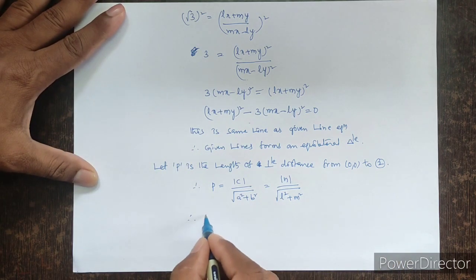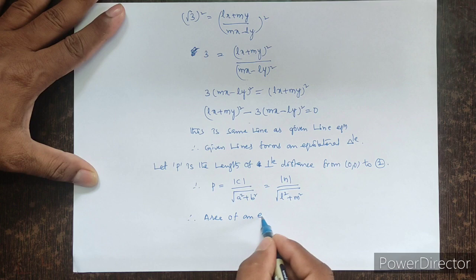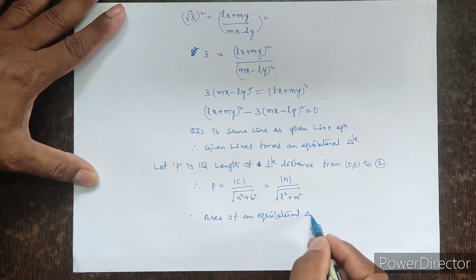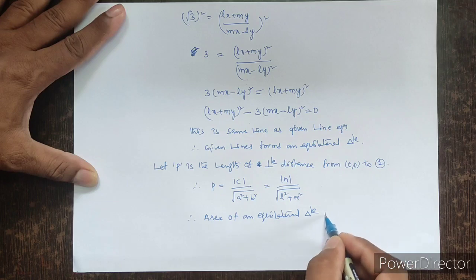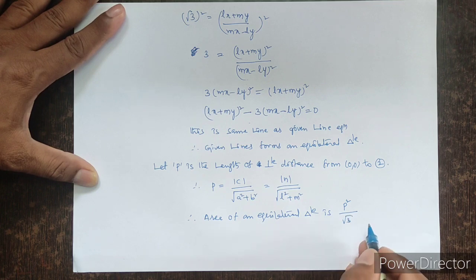Already we know the area of an equilateral triangle is perpendicular distance square by root 3.